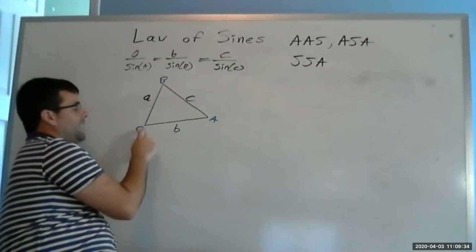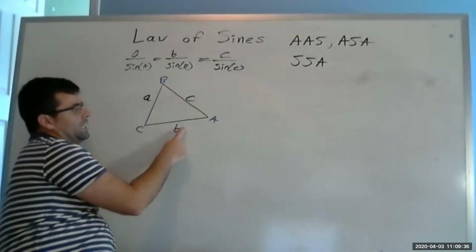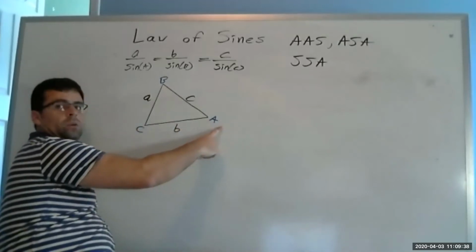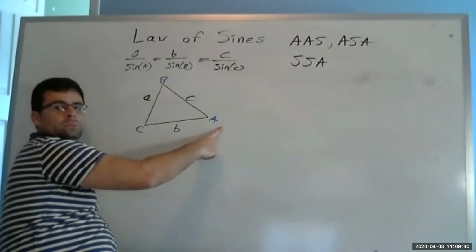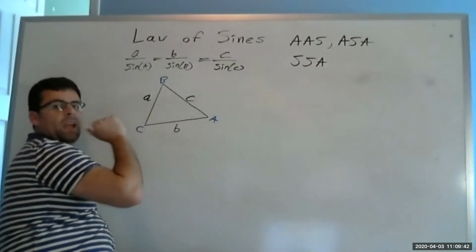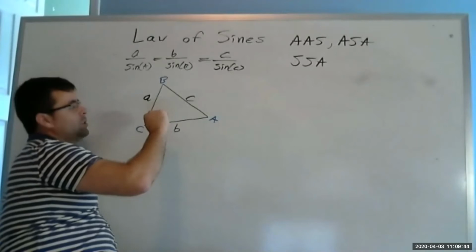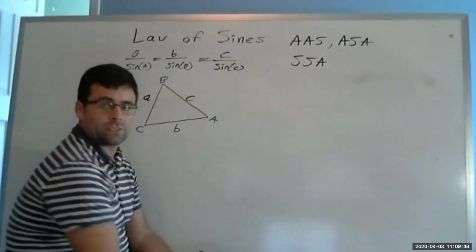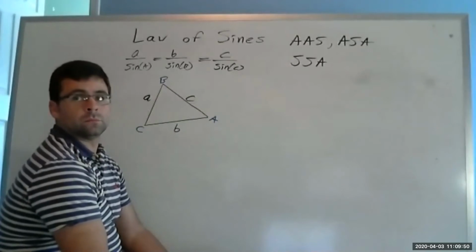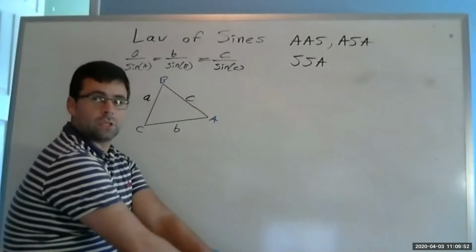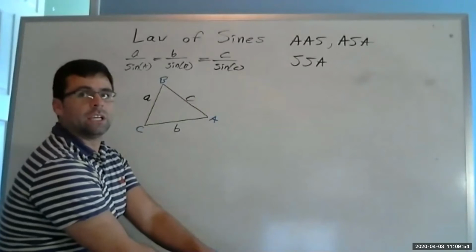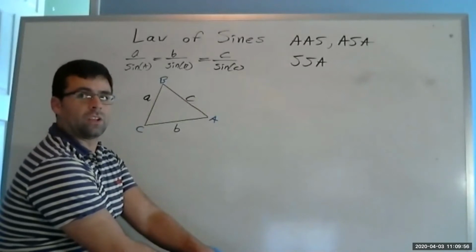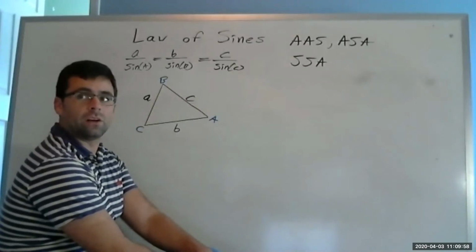You could also have angle, side, angle. And you can have side, side, angle. So these are the 3 different kinds of triangles that you can use this law of sines on.